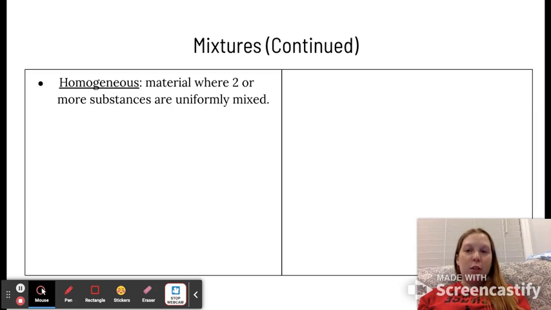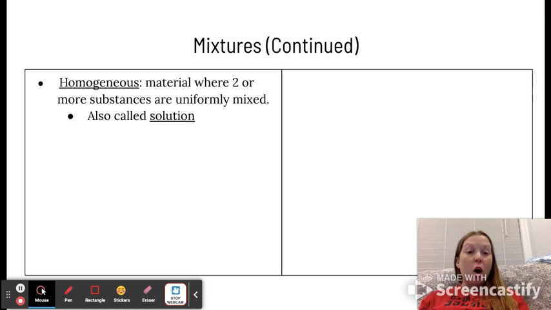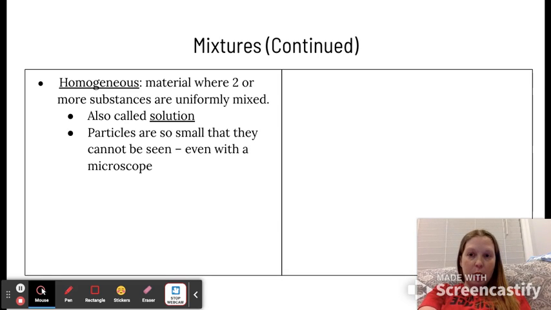Our other type of mixture is known as a homogeneous mixture, and this is where everything is uniformly mixed. You cannot see the parts. It all looks like one indistinguishable sample. This is also called a solution, so this is a good term to know because you will use these kind of interchangeably.